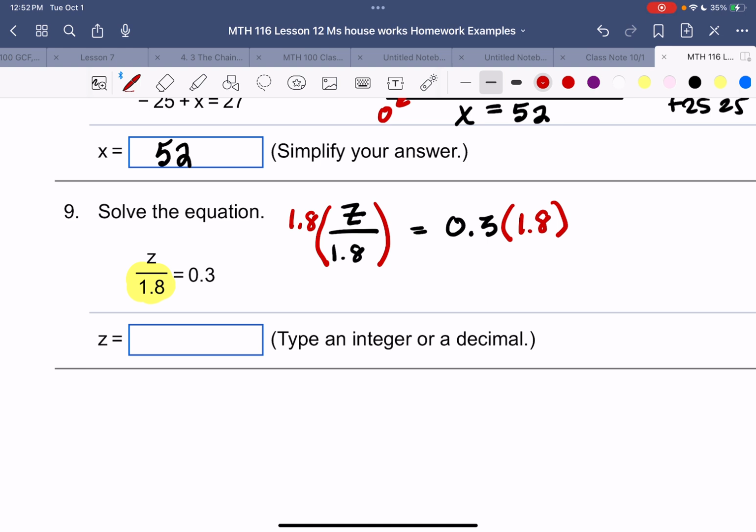Now think about this. I've got a 1.8 over 1. So I've got a 1.8 divided by a 1.8. Well, that's going to be a 1. So this is z equals, we just do 0.3 times 1.8, 0.54. The final answer for number 9 is 0.54.